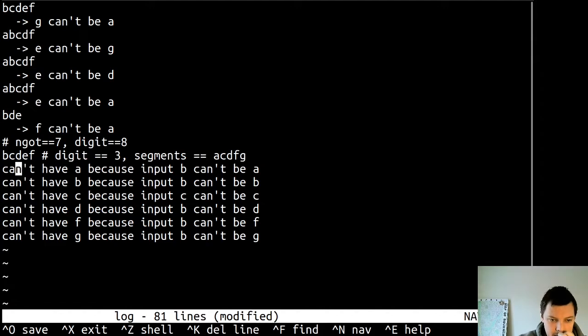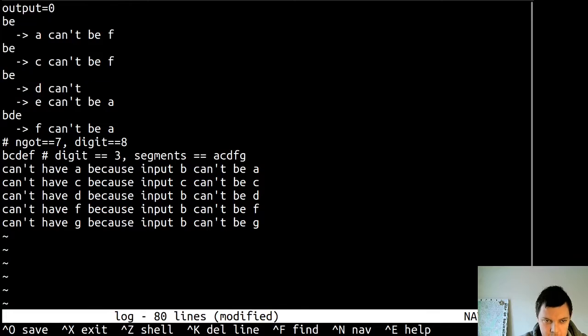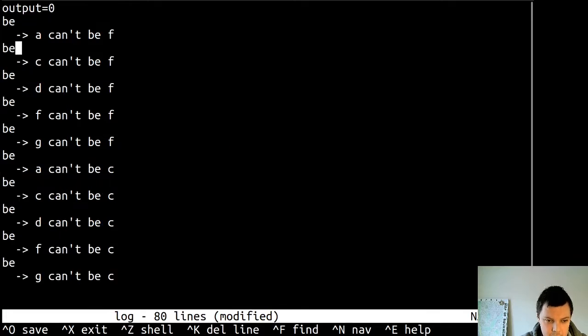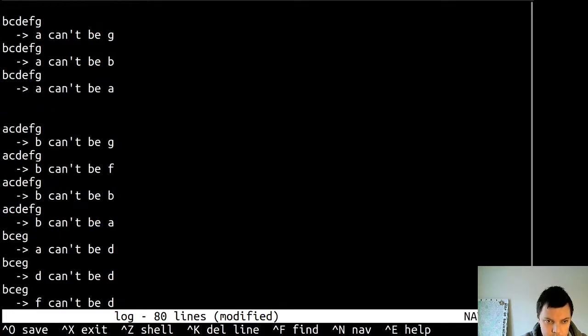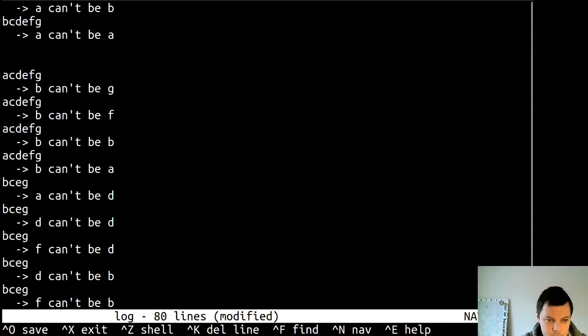And we think we can't have A, C, D, F, and G because B can't be A. Now, why can't B be A? Where have we said B can't be A? B can't be A here, because we've seen a 6-digit input.